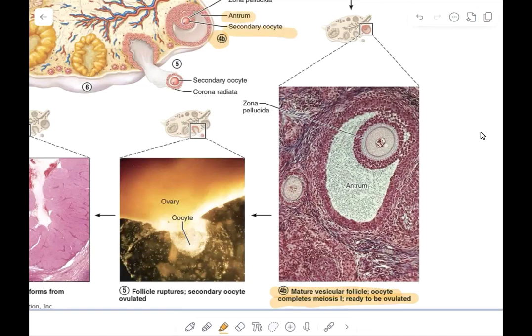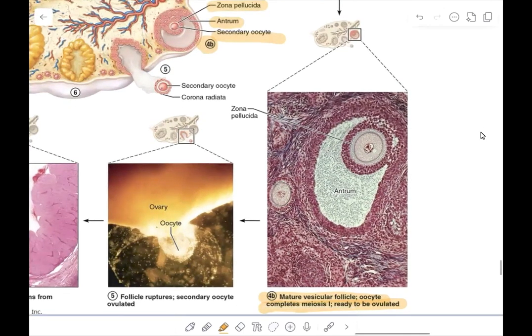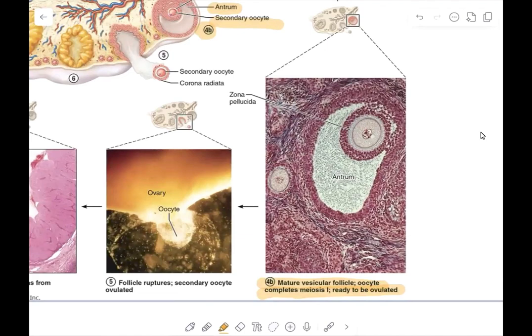There's still that antrum present. We see the zona pellucida around it. Now the ovulation is going to occur, which is a point where the follicle ruptures and ejects this secondary oocyte with a radiating crown.